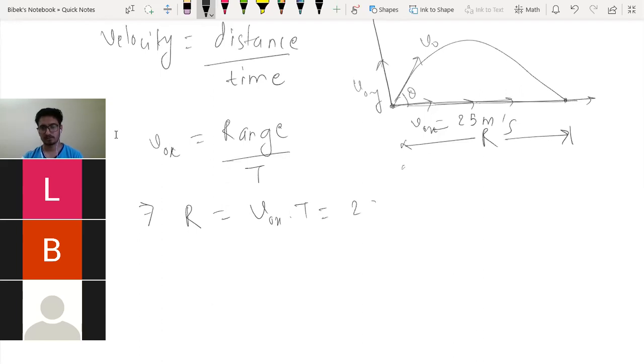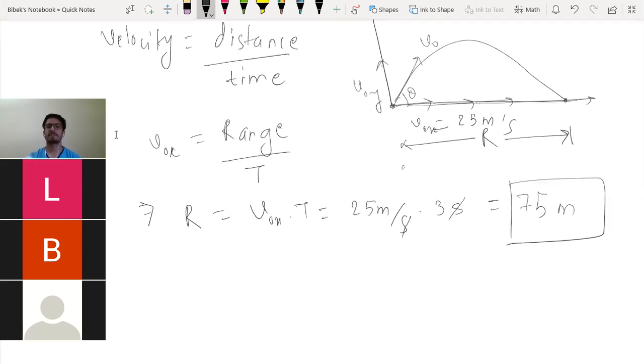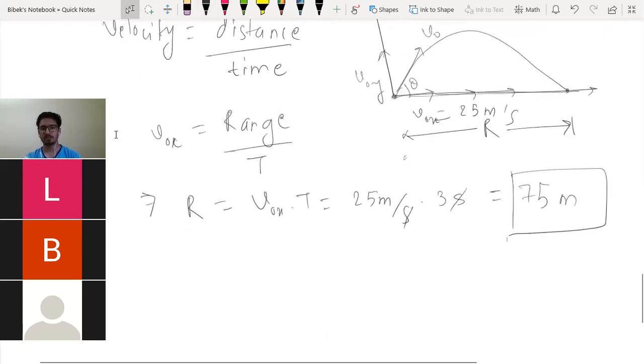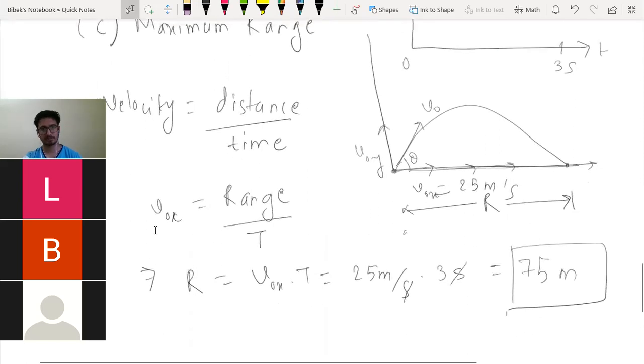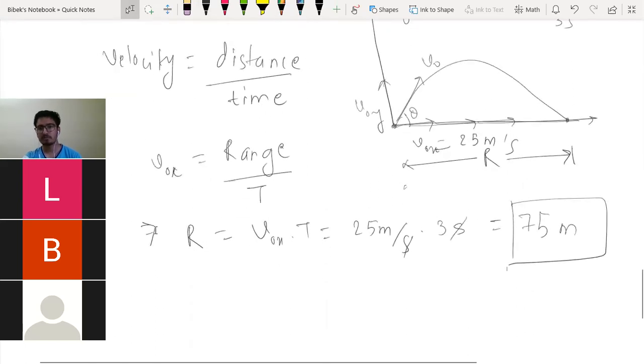That's 25 meters per second times 3 seconds. Seconds and seconds cancel out, and it's 75 meters. So that's your range. I think it was not that hard. If you have any question, you can ask me for this one.